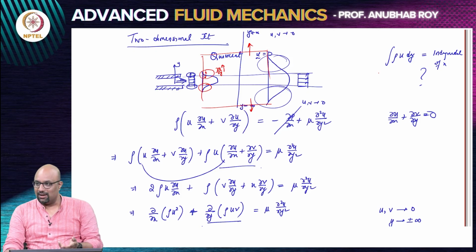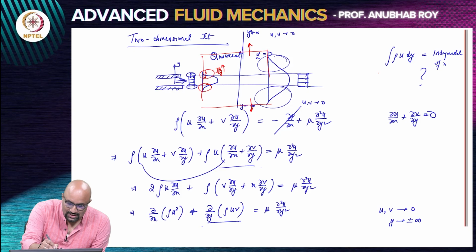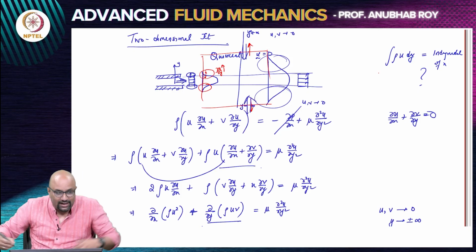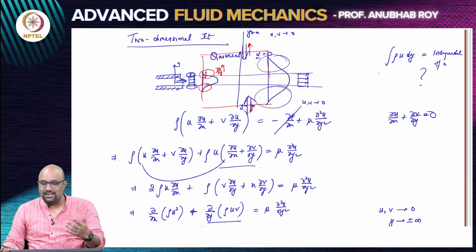You can argue this in various ways. One point of argument is that the fluid is getting slowed down as you move further and further downstream. So, there should be a compensatory flow that is coming, because it is entraining the fluid, right? It is drawing in, it is entraining the fluid from the side, which means that I will not necessarily be carrying the same amount of fluid outside.